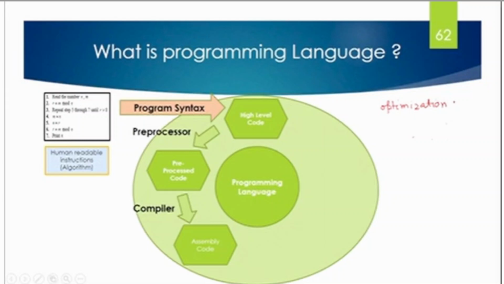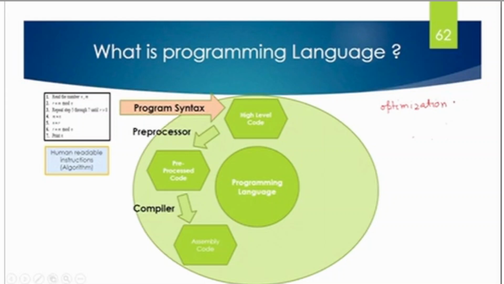And what is assembly code? Again, it takes the pre-processed code and replaces all the high level instructions with shorter mnemonics. Like I can give you an example. Let's say you use the scanf function to scan a value from the user and load it into memory, right?